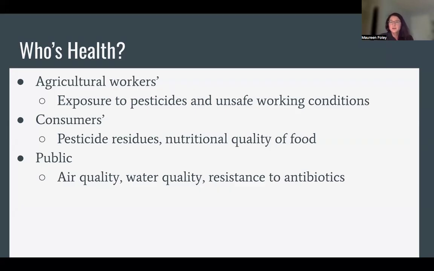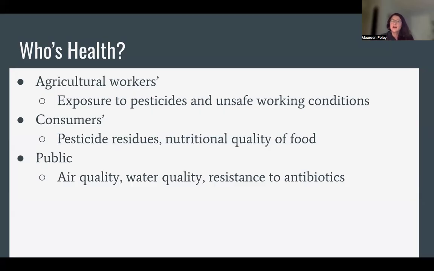We're also talking about consumers' health. So there is pesticide residue on most of our food. Whether or not those pesticides are harmful to humans is not really that well understood yet. They haven't been around long enough to be studied, and we know too little about the human microbiome, all of the microbiology that lives in our bodies, to know how pesticides affect them.